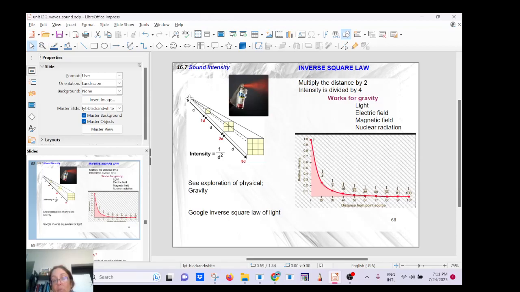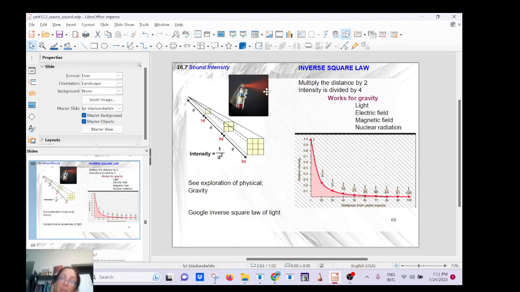If we are talking about light, the light will be dimmer, right? So the intensity will be divided by 4. And if you multiply the distance by 3 for the same area, it's going to be divided by 9. You can do the same thing with paint.